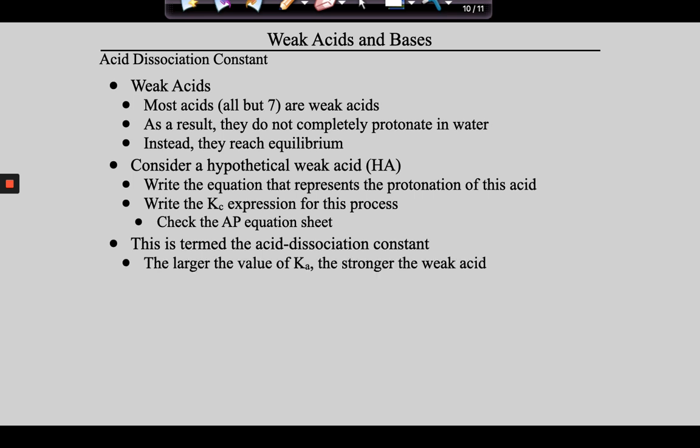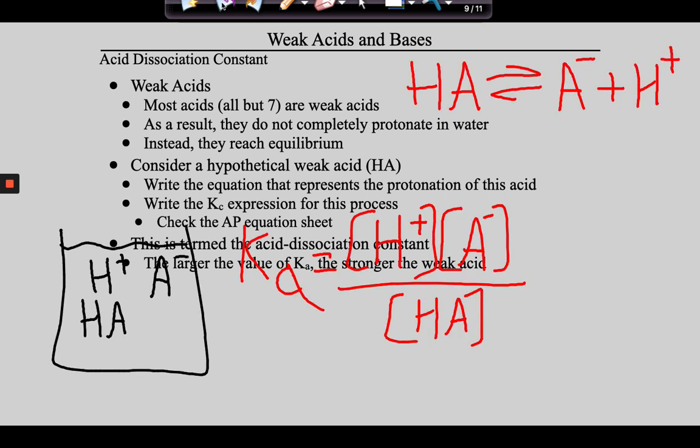So let's talk about it. The larger the value is for Ka, the stronger the acid. Guys, again, the larger the value for Ka, the stronger the acid. And guys, don't let those just be words that you're writing down. Tie it back to this and think about why.